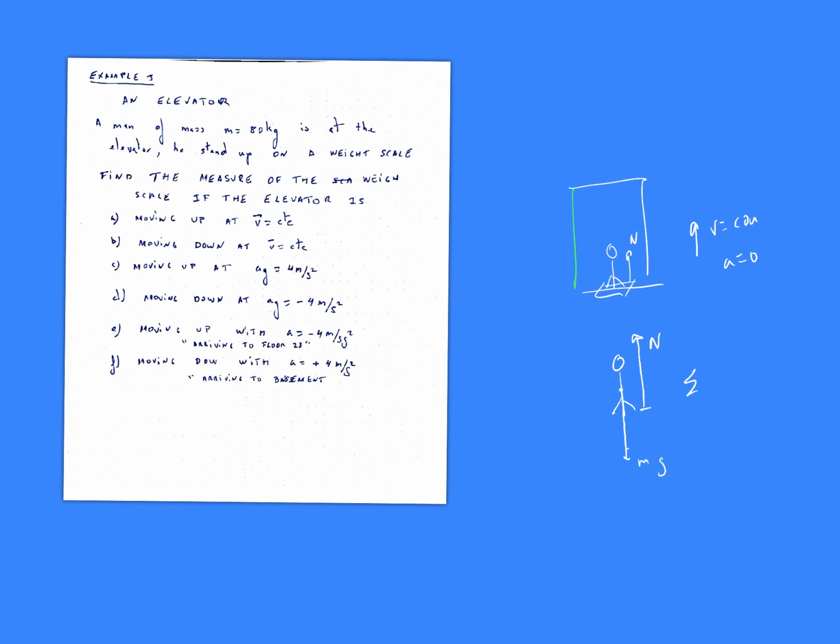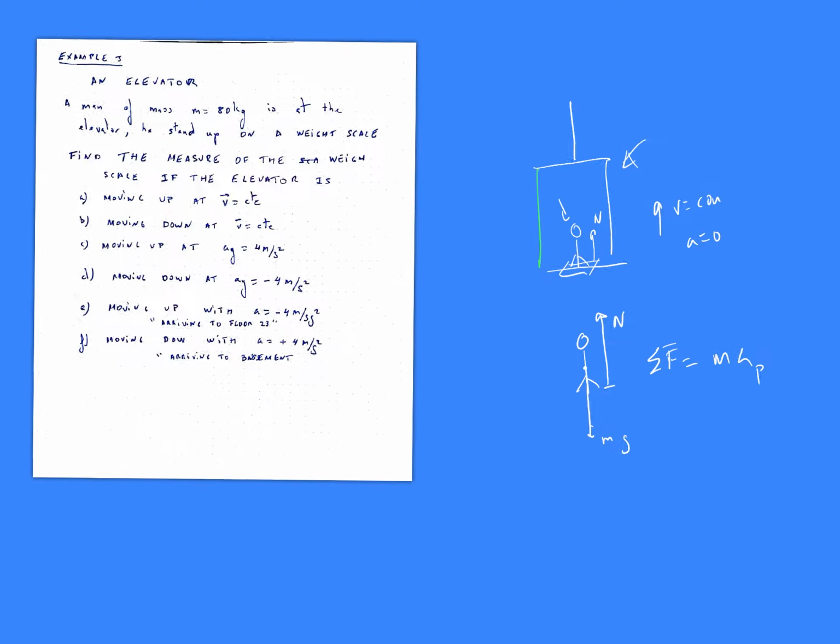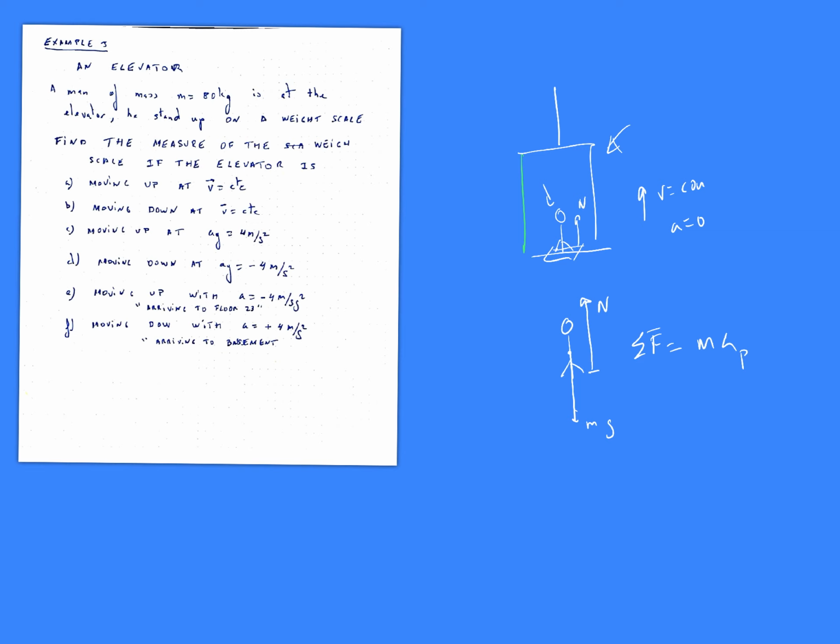And the sum of all the forces is mass by acceleration. But in this case, the acceleration of the elevator is 0 because it's running with constant velocity. So the guy who is inside the elevator is running also at constant velocity. So the acceleration of the person is 0 also. So what is the sum of the forces?